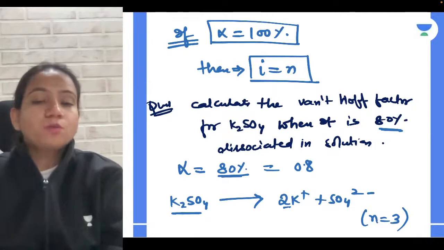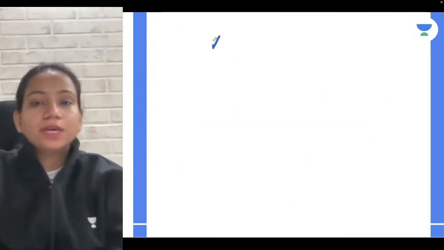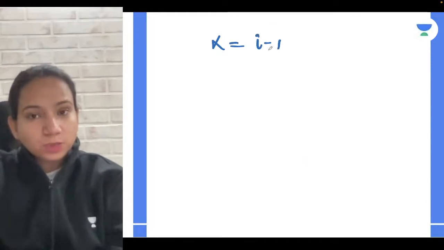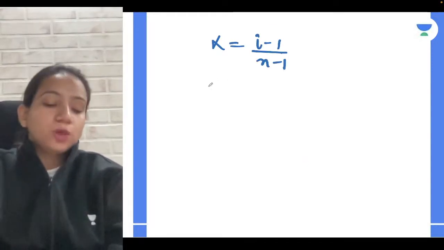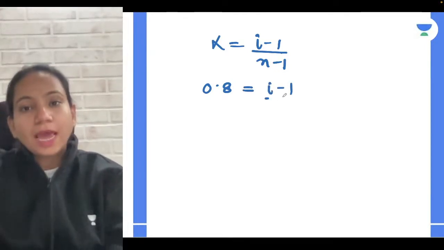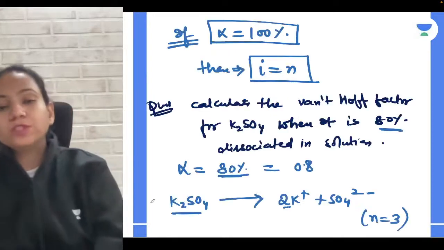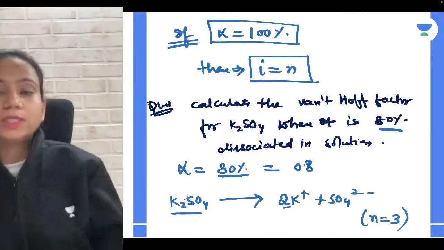So I can use the formula and get the i value. They are saying dissociation, so we know that alpha is equal to i minus 1 divided by n minus 1. Alpha is given as 0.8, i we have to find out, and n is 3, because K2SO4 gives 2 potassium ions and 1 sulfate ion.